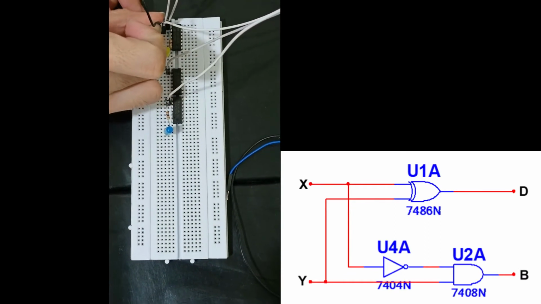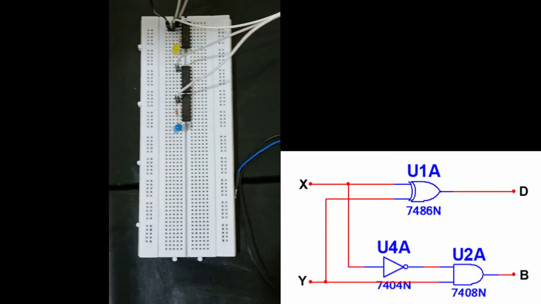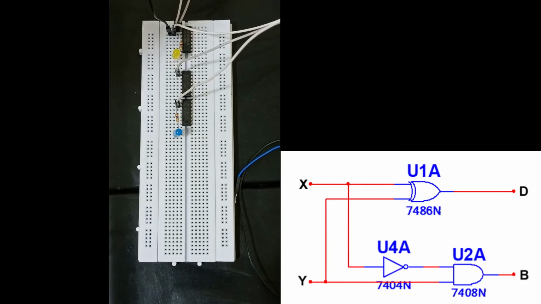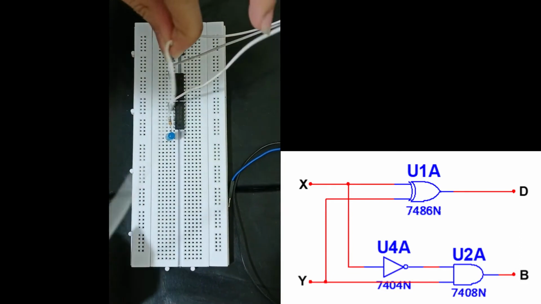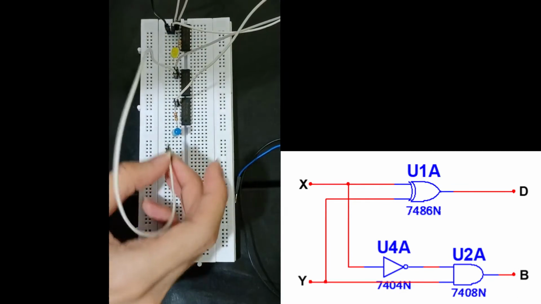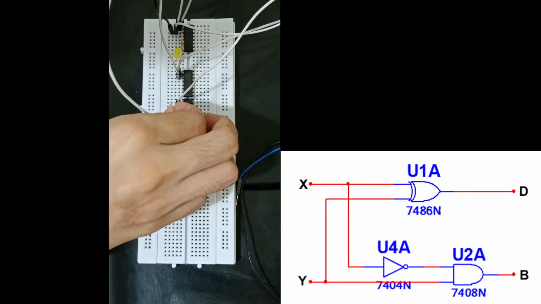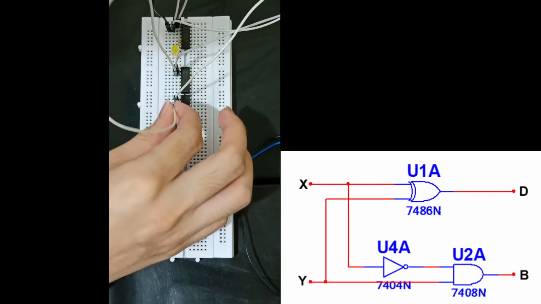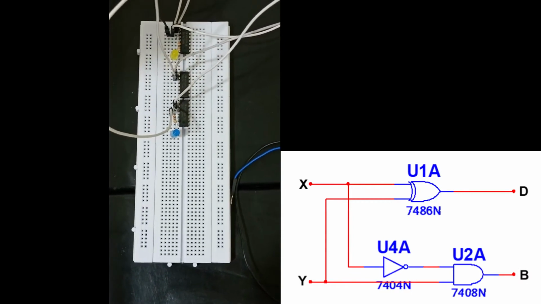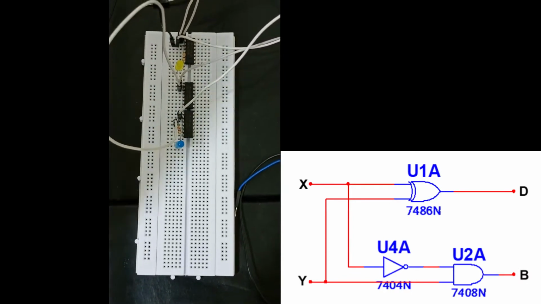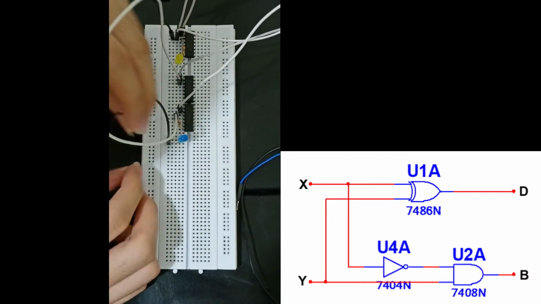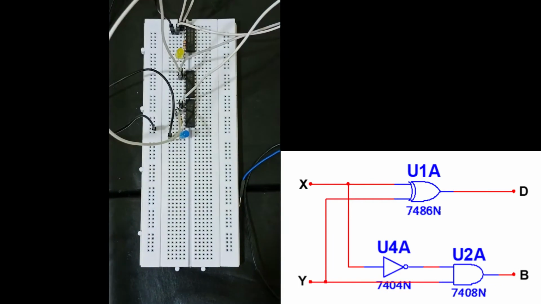Then, input Y is placed on the second pin of the exclusive OR gate. Then, we connect the second pin of NOT gate to the fourth pin of the AND gate. Then, we place proper connection of grounding of the circuit.